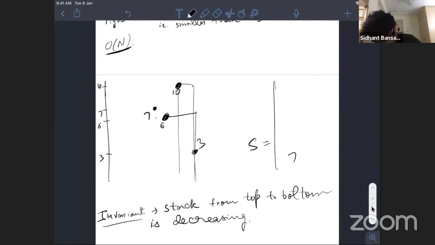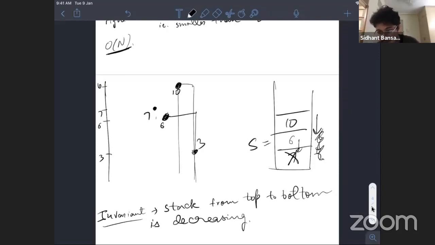Initially, you just had a 7, so this invariant is maintained. Now 6 comes up. 6 to 7 is not decreasing, because 6 is smaller. So you need to pop out 7 and then put in 6. Now when you get 10, this is decreasing because 10 is bigger than 6. Then when you see 3, you realize that this is not decreasing nature. So you keep popping out things till you get that decreasing nature. You pop out 10, you pop out 6, and then you put in 3 because it's empty after that.